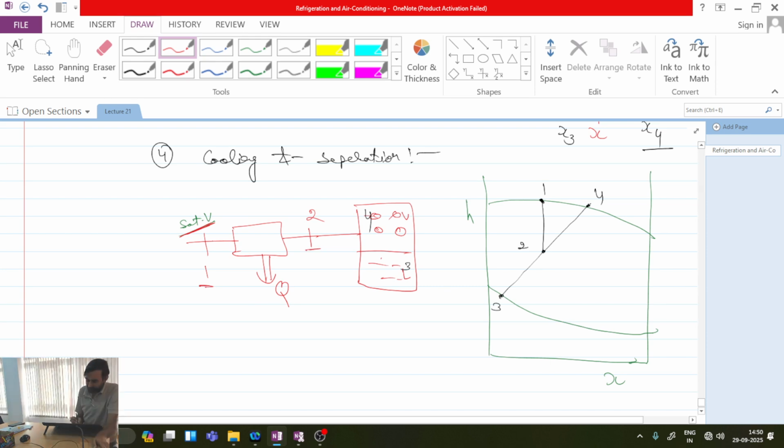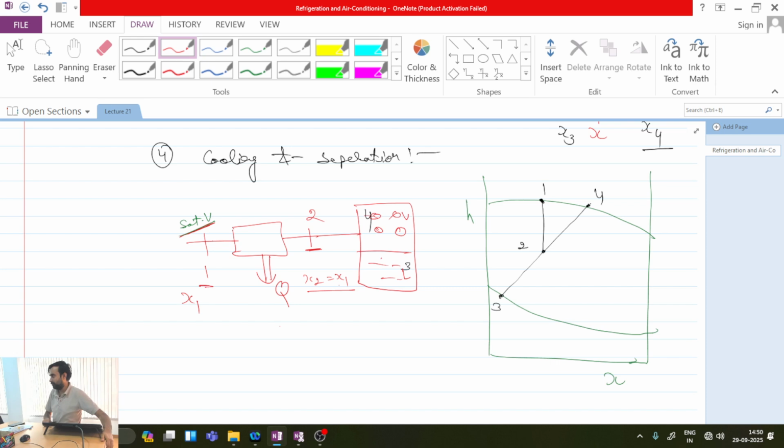So here this is state 2, where the composition, if x1 is the composition here, x2 will be nothing but equal to x1. The overall mixture composition will remain the same, because I am not adding anything, I am not removing anything over here. But after this point, what I have done, I have separated in a tank the liquid and the vapor phases.